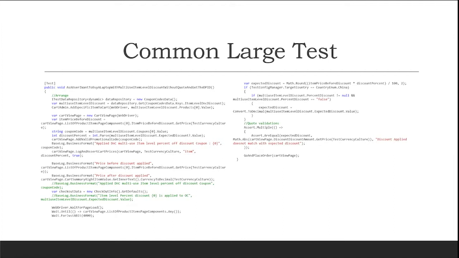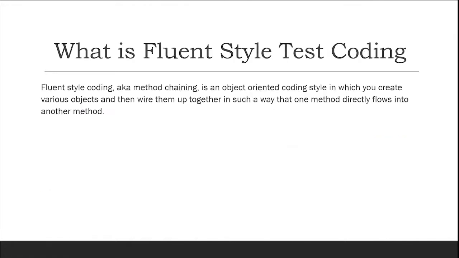We need to come up with a compromise, something halfway in between where I can quickly and easily see how I go from point A to point B without spending too much time in the details, in the weeds. So that's where Fluent style coding comes into play. So what is Fluent style coding? I've certainly got examples of this, and I'll show you demonstrations as they come up.